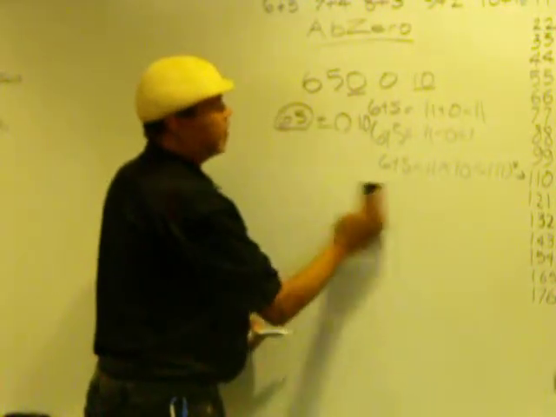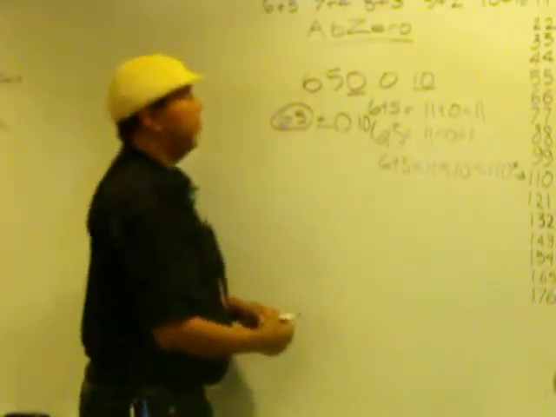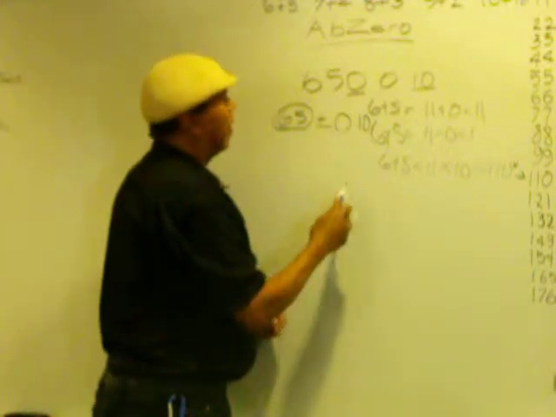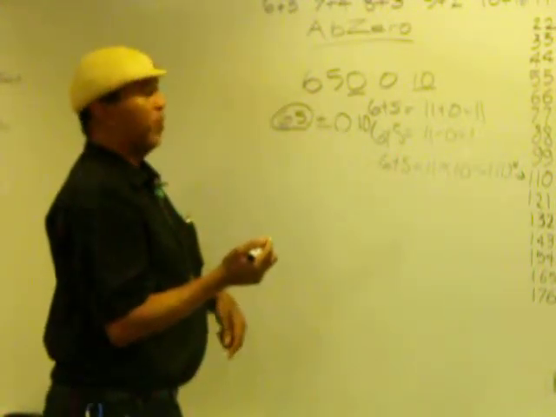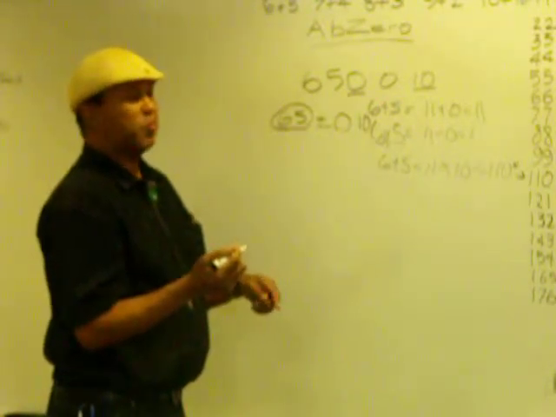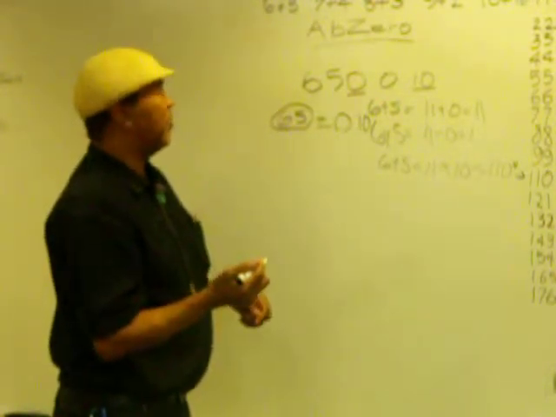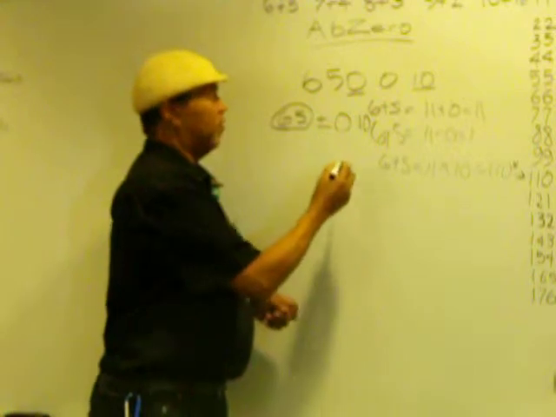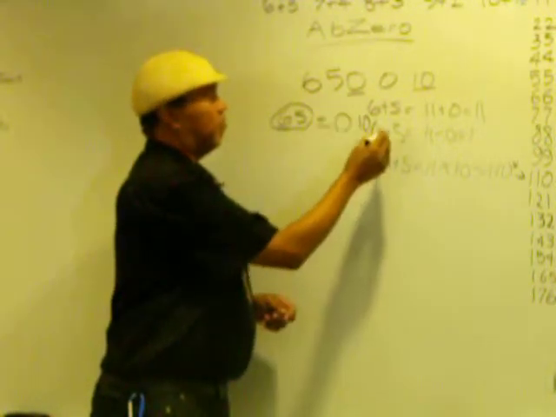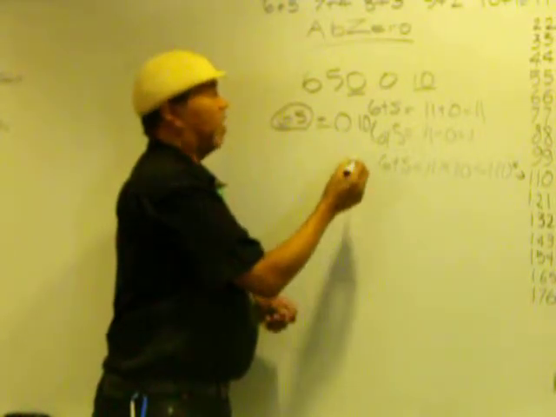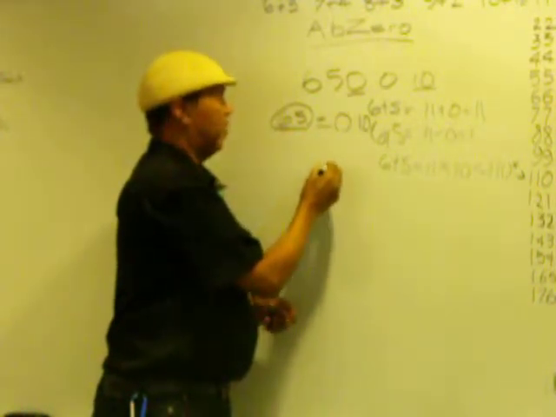Well, let's investigate just a couple of those ways. This is what we call running numbers. We'll do some addition and subtraction, we'll do some multiplication and division. Let's take a look and see what we can get. We've already done 6 plus 5. 6 minus 5 won't work.